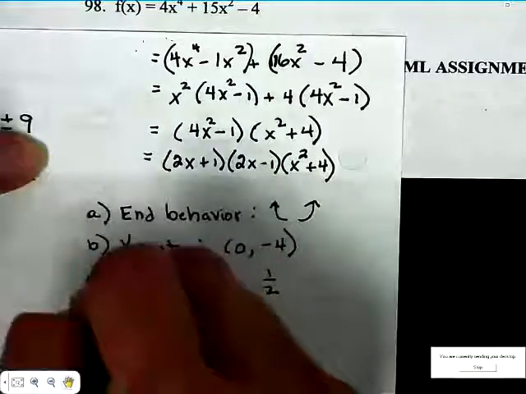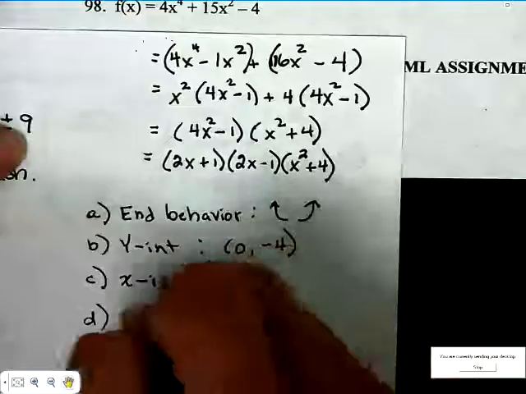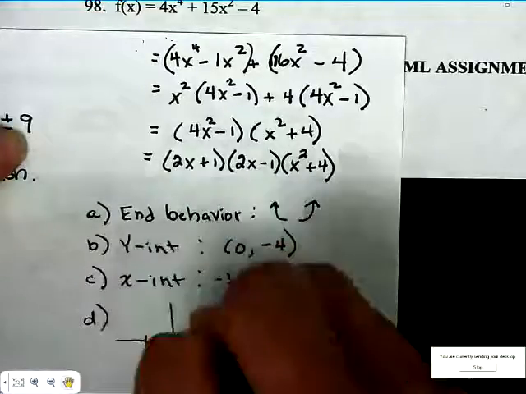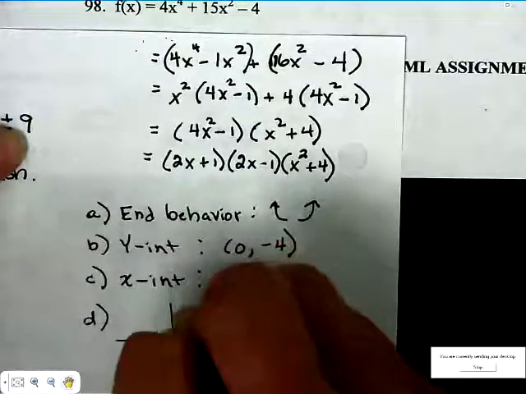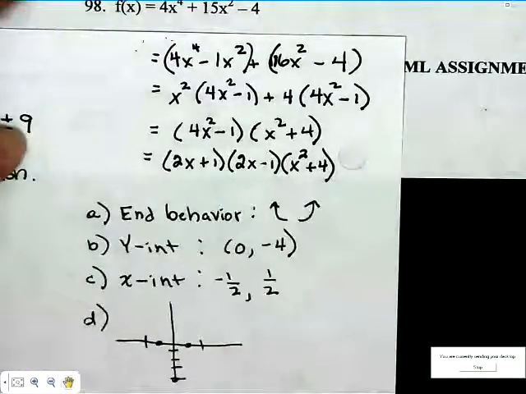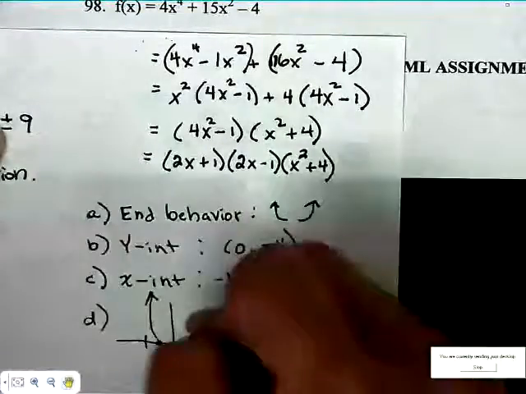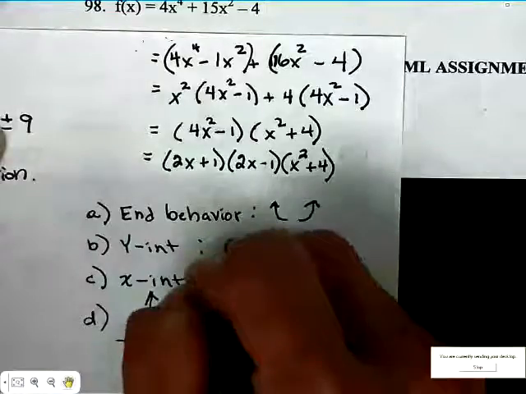So all that's left is putting that information on a graph. I know the graph goes up to the left of the leftmost intercept and up to the right of the rightmost intercept.